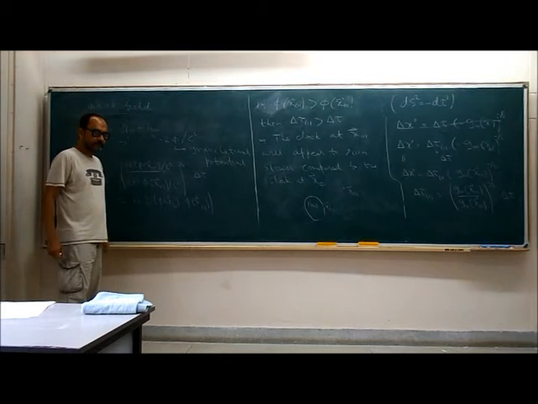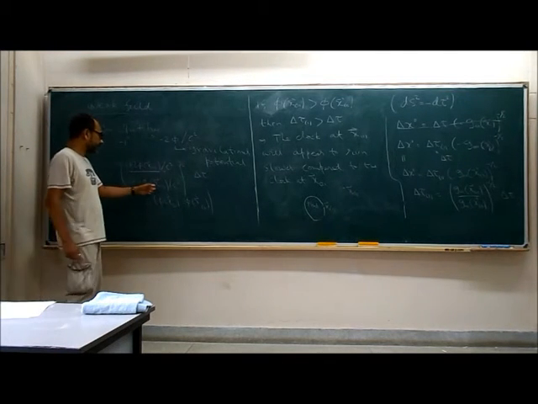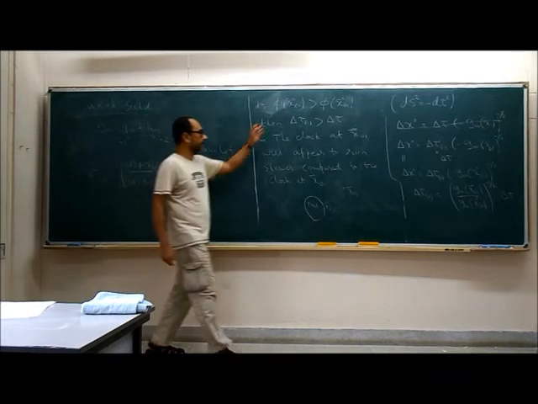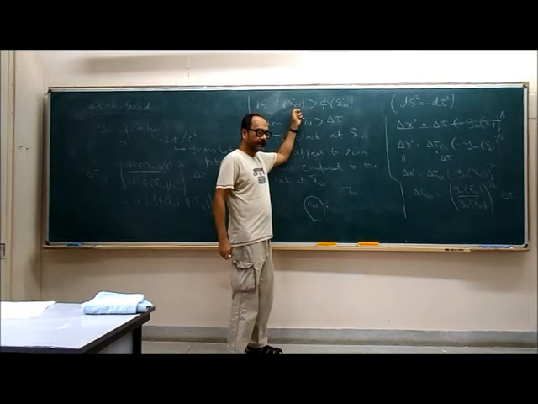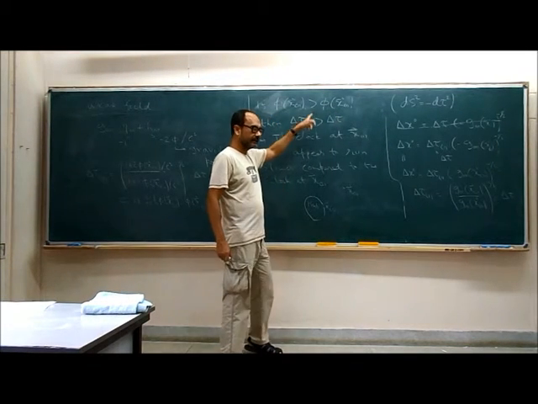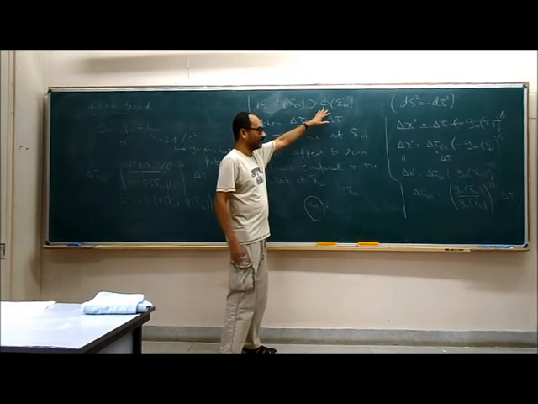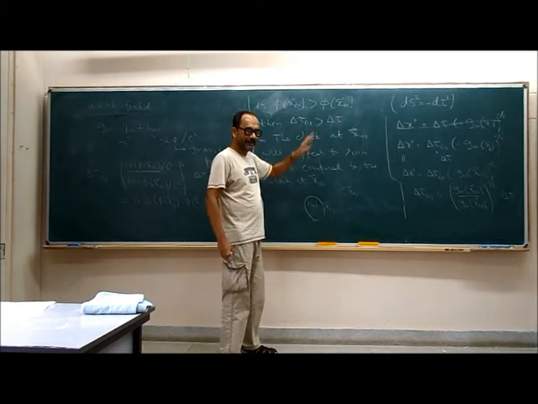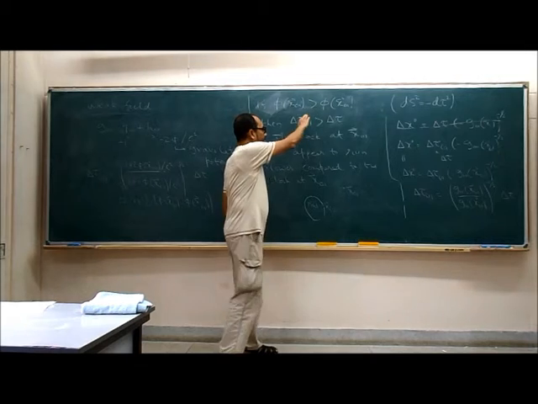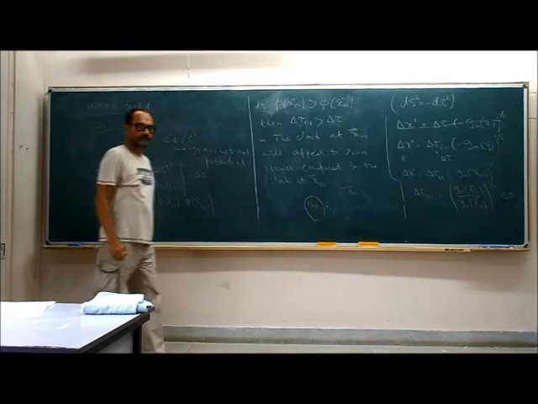That means phi of x2 is greater than phi of x1. Phi of x2 is 0, and phi of x1 is large and negative. Magnitude wise this is large, but you have to take into account the sign.